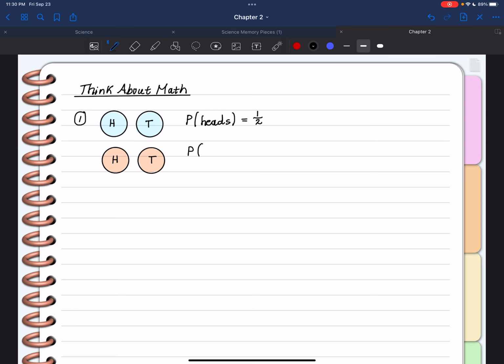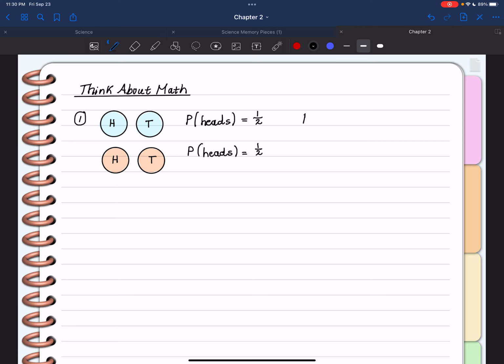Again, you have 2 sides and only one of them is heads. So each of them has a 1/2 probability. So could we say that it's certain that they will land heads up? No, because we have the tails option in there.